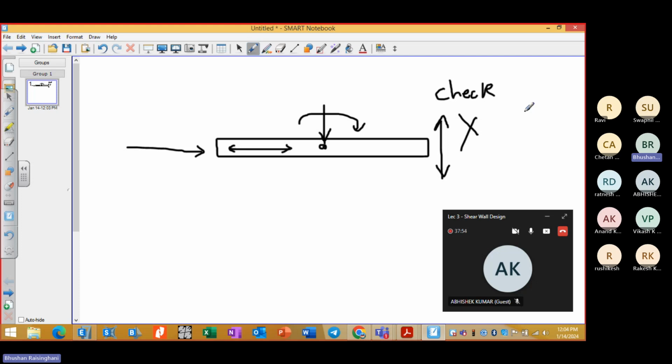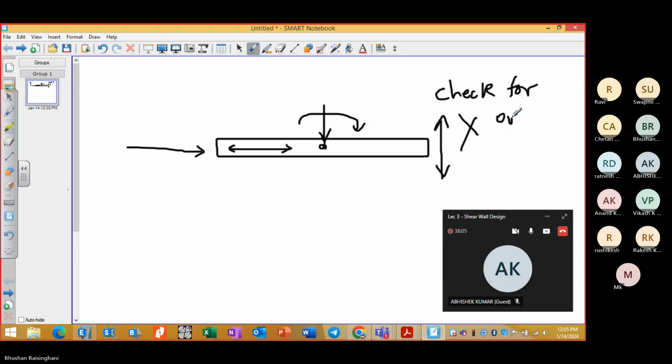Otherwise it will lead to failure. But by general definition it is not taking out of plane, so check for out of plane action. It is designed for in plane only.